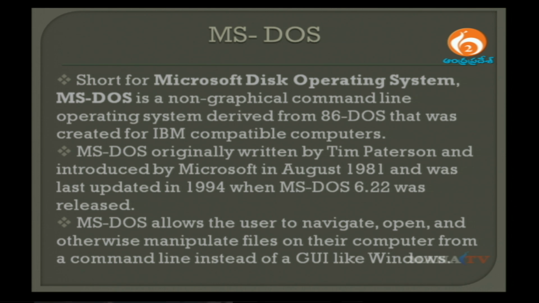MS-DOS is a non-graphical command line operating system derived from 86 DOS, the disk operating system that was created for IBM compatible computers. MS-DOS, originally written by Tim Peterson and introduced by Microsoft in August 1981, was last updated in 1994 when MS-DOS 6.22 was released.